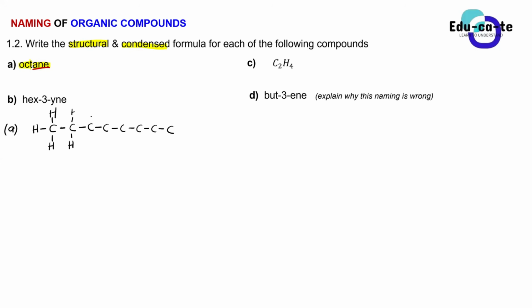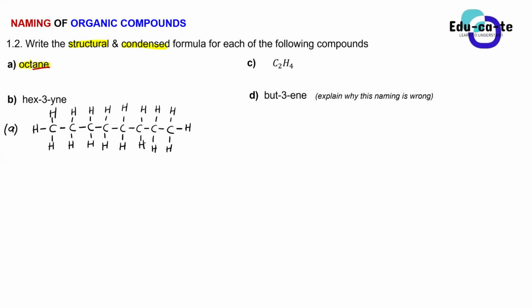Is this hard, guys? No, sir, it's not at all, right? So make sure your carbons are surrounded by the right number of hydrogens. They must have 4 bonds in total. This is a saturated hydrocarbon known as octane.